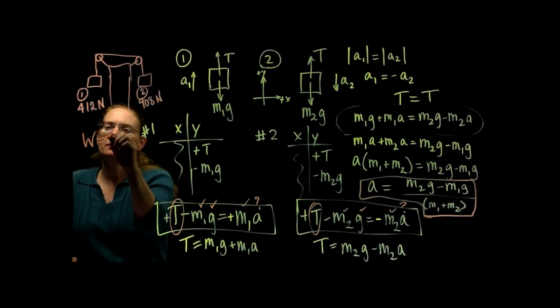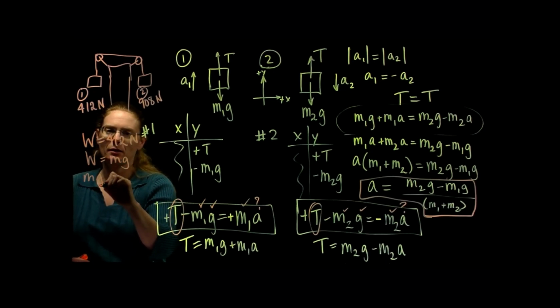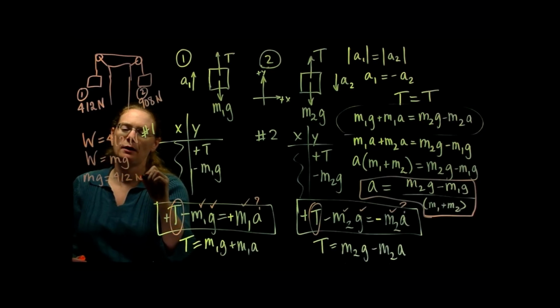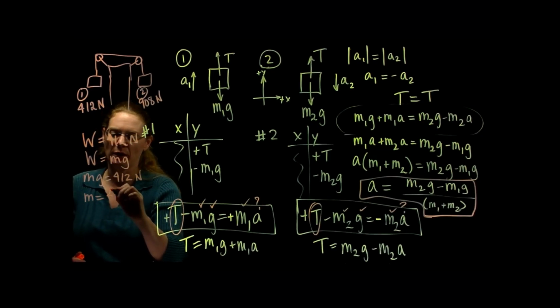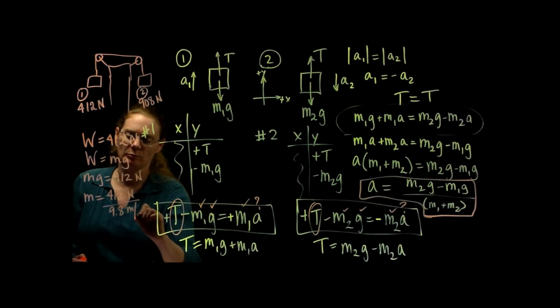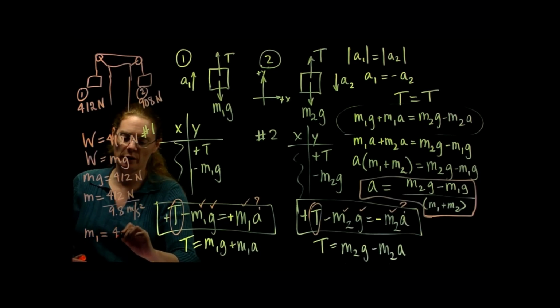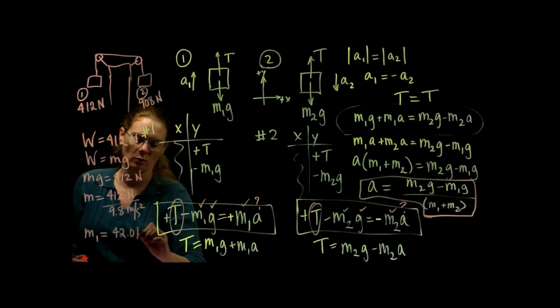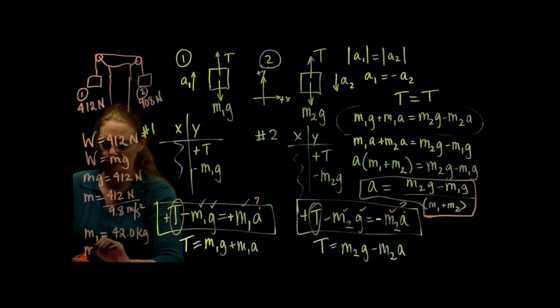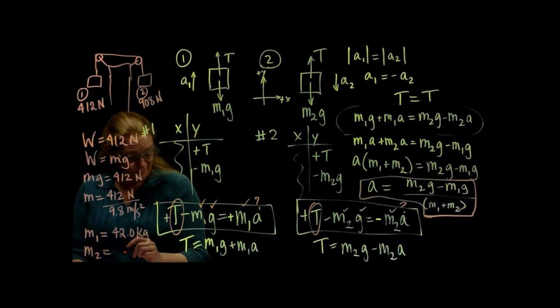So if the weight is 412 newtons and weight is mass times gravity, so mg equals 412 newtons, then my mass is going to be 412 newtons divided by 9.8 meters per second squared. So m1 is 42.0 kilograms. Do the same thing for the second mass and you'll get something weird. What was that? 92.7?